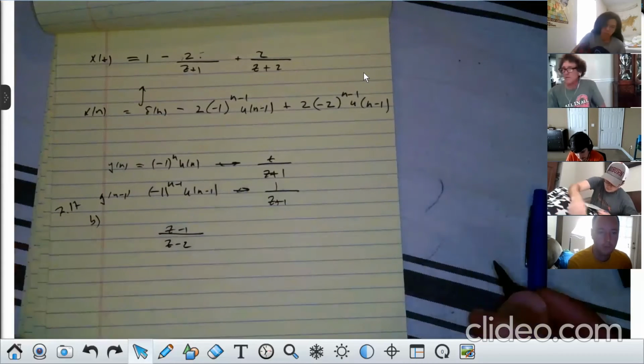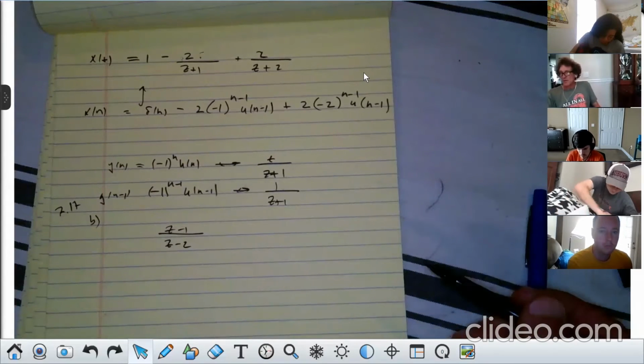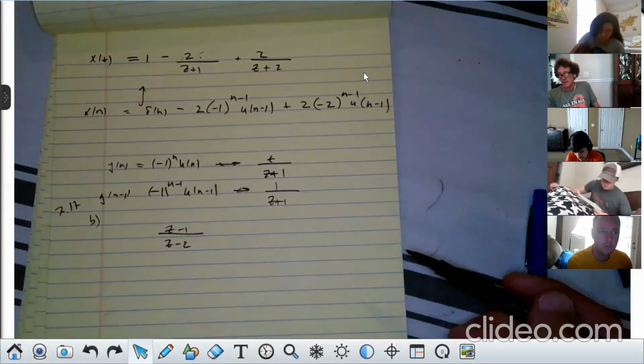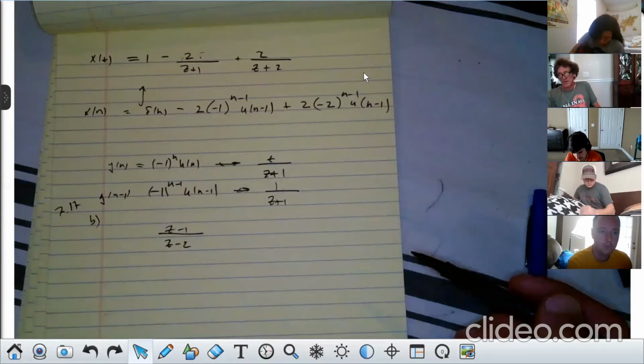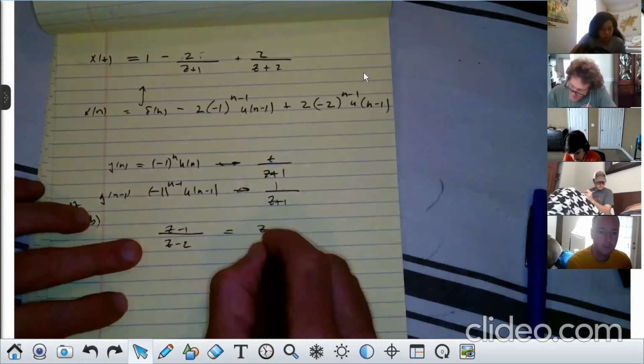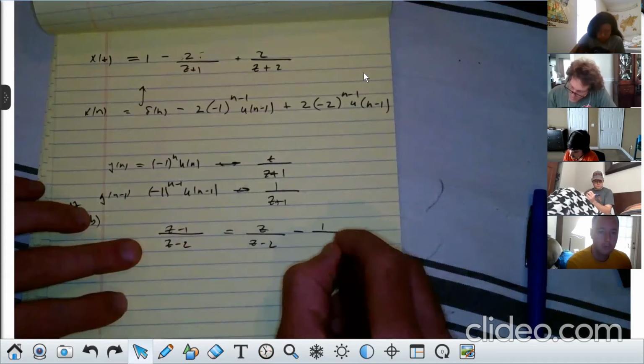Now ask yourself, think of it as a test question or quiz. How would you do that? Well, there's several ways. You could divide the denominator into the numerator. You surely could do that. You could break it apart, can't you? You can say that's just z over z minus 2 minus 1 over z minus 2.